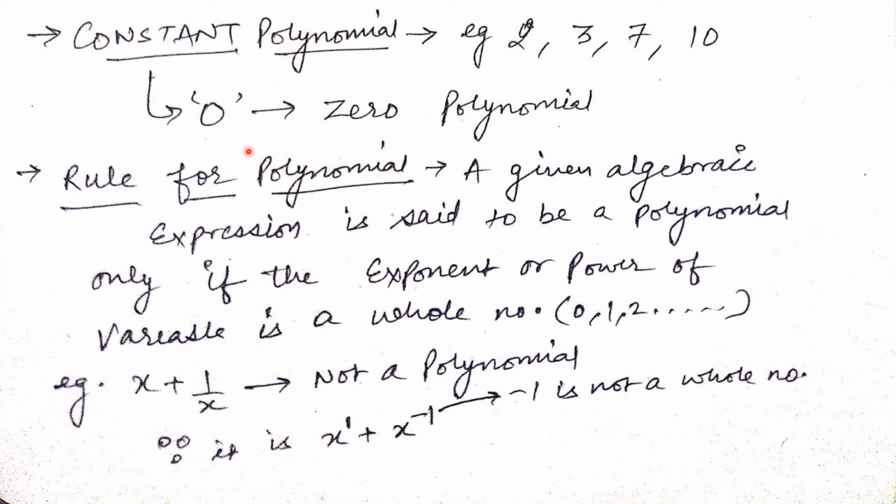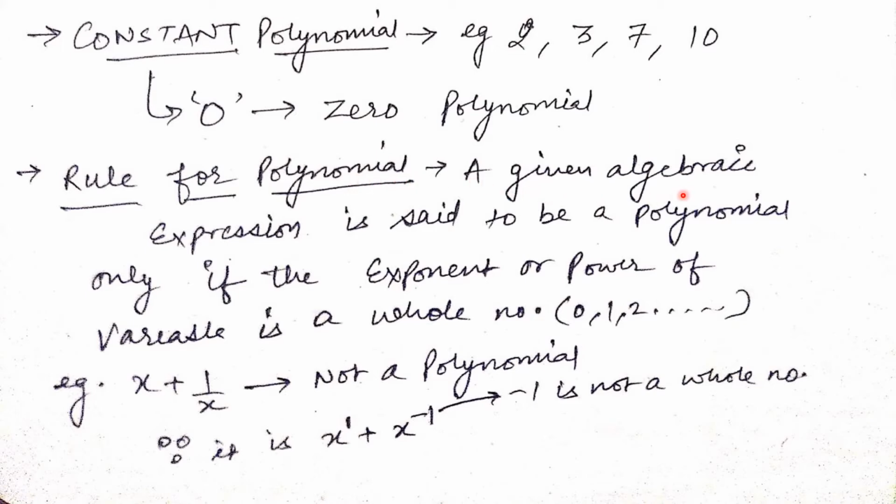Okay. Now we will see what are the rules for algebraic expressions to be considered as a polynomial. All algebraic expressions are not polynomials. They have to follow some rules to become a polynomial. What is that rule? Let's see.